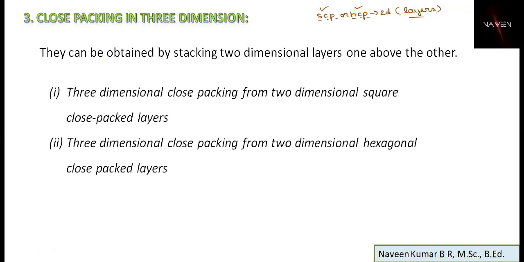So there are two possibilities: three-dimensional close packing from the two-dimensional square close packed structure, and three-dimensional close packing from the two-dimensional hexagonal close packed structure. Placing square close packed layers one above the other gives one three-dimensional structure; similarly, hexagonal close packing gives another.